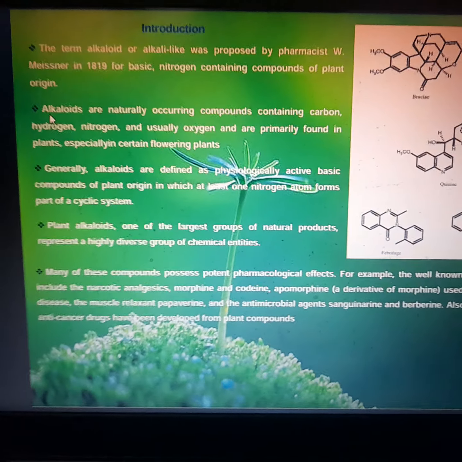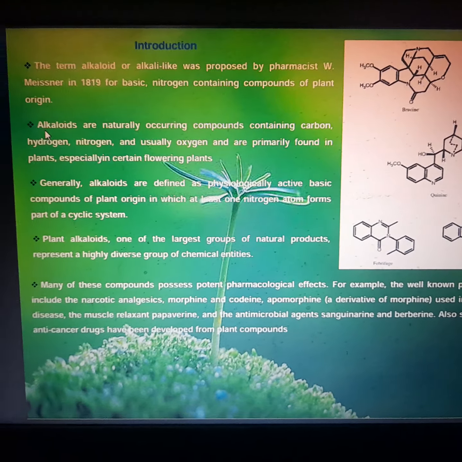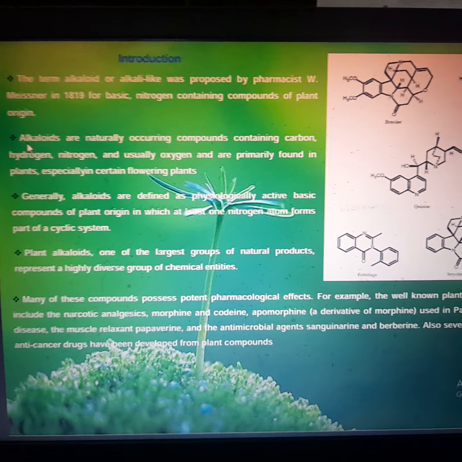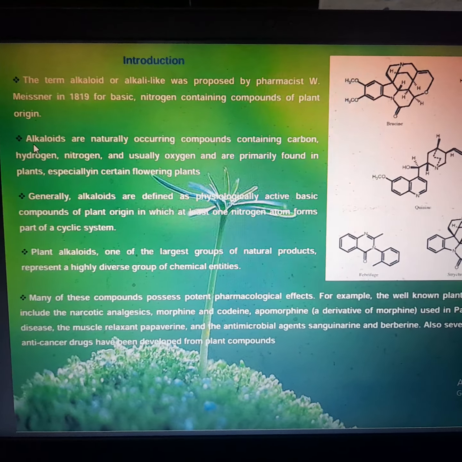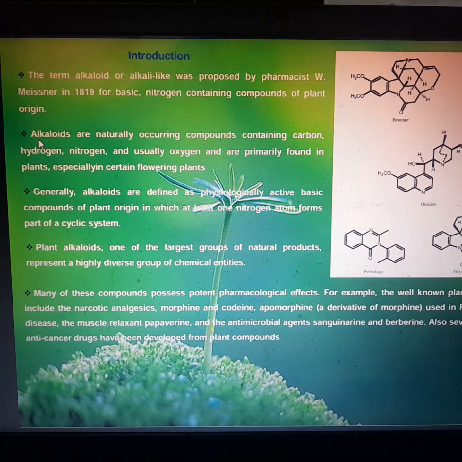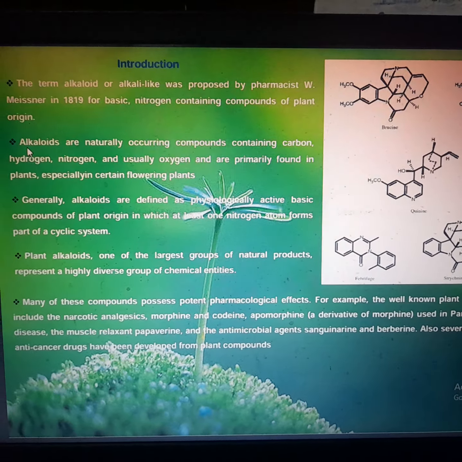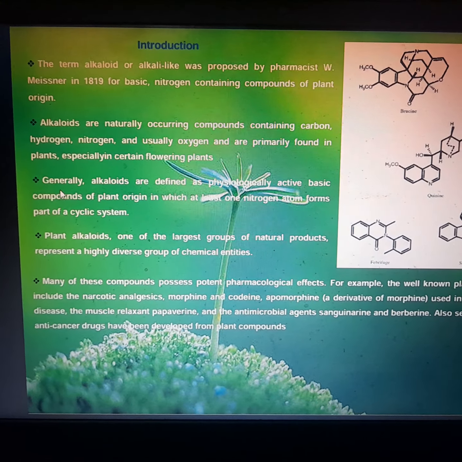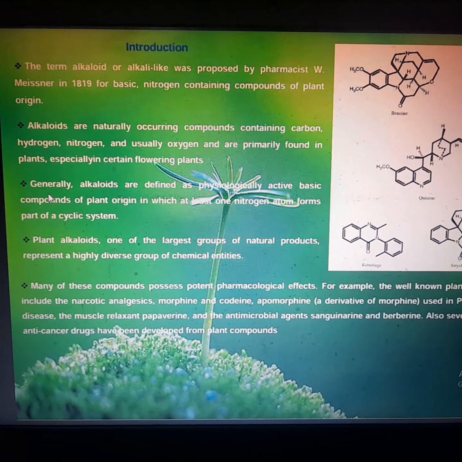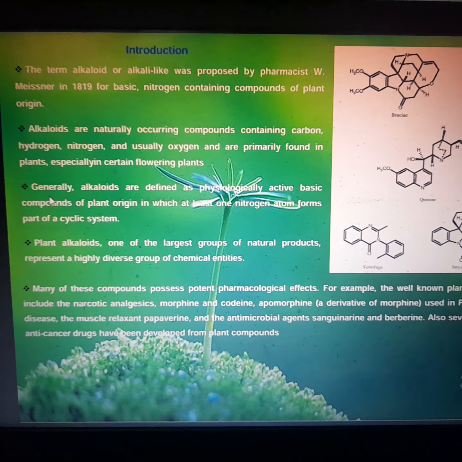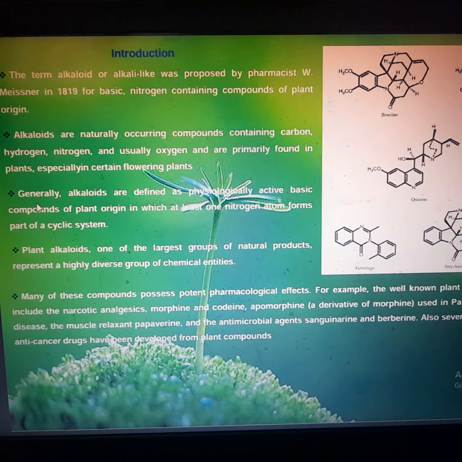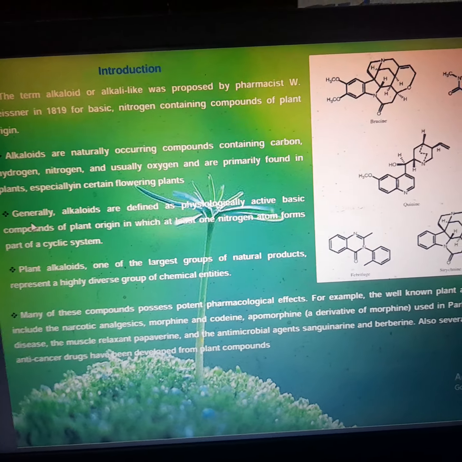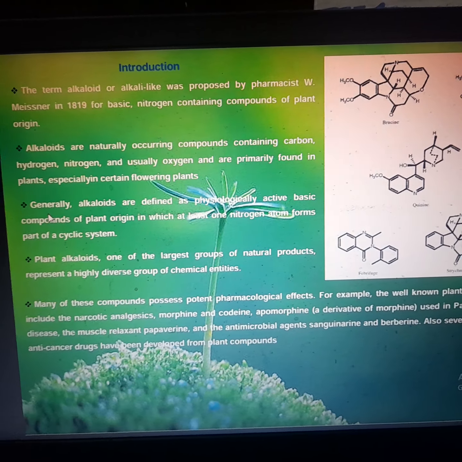So friends, basically alkaloids are found in the plants, and these are the naturally occurring compounds which have carbon atom, hydrogen, nitrogen, and in some cases oxygen. Generally, alkaloids are defined as physiologically active basic compounds of plant origin in which at least one nitrogen atom forms part of a cyclic system.